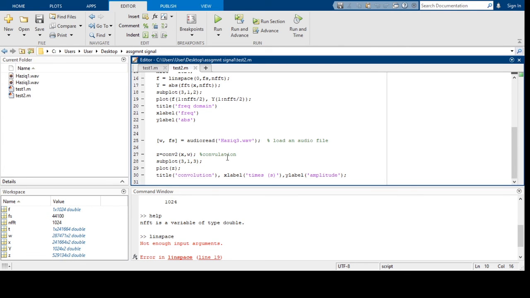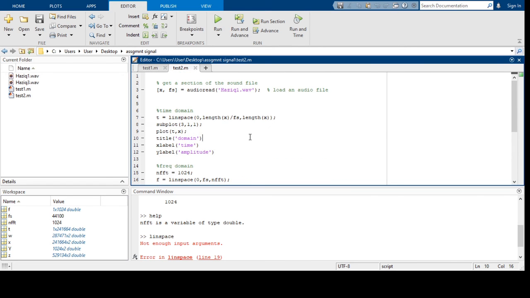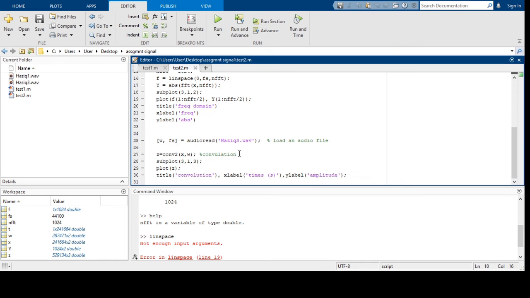Then we subplot it as 313. Then we plot the title convolution, with x label time and y label amplitude. So that is the step of the coding in MATLAB. We want to take out the convolution.